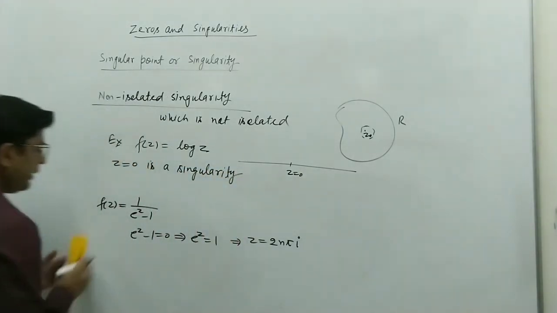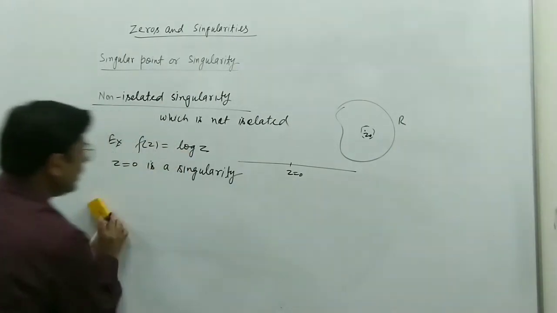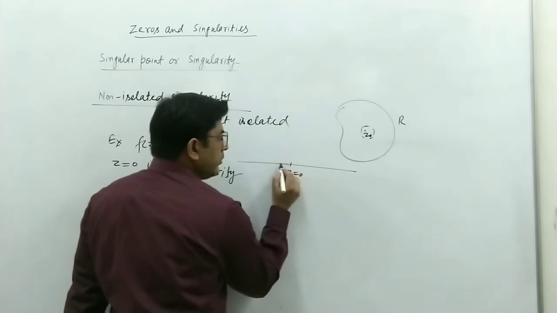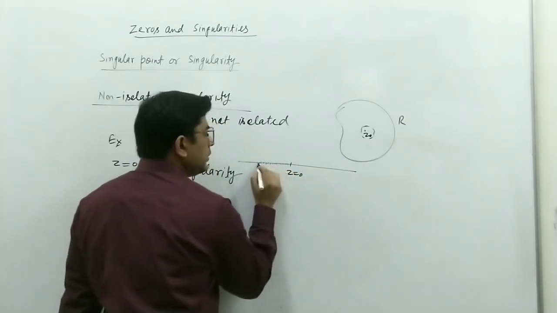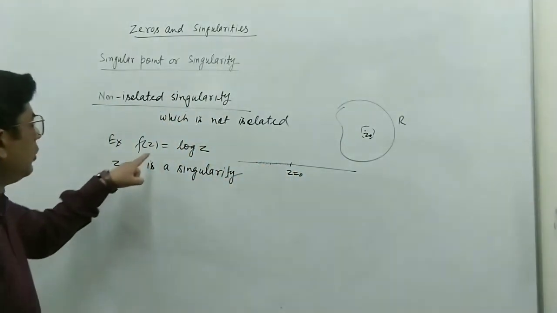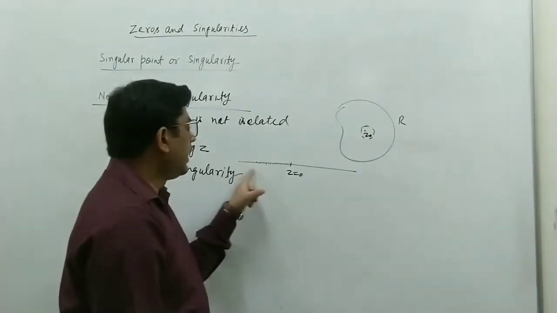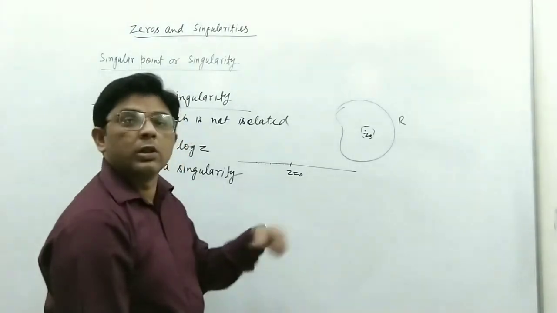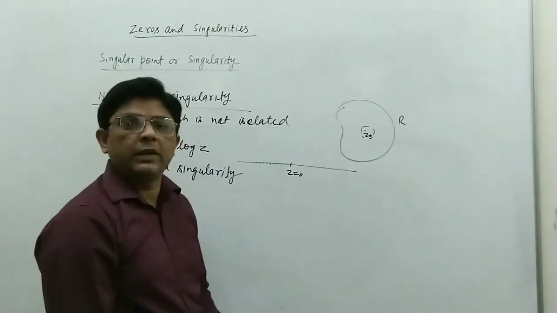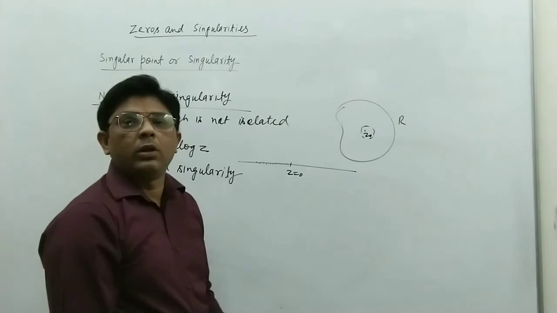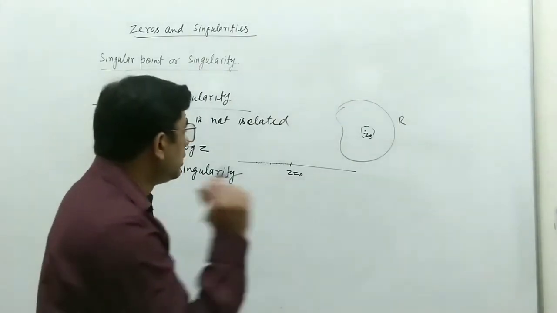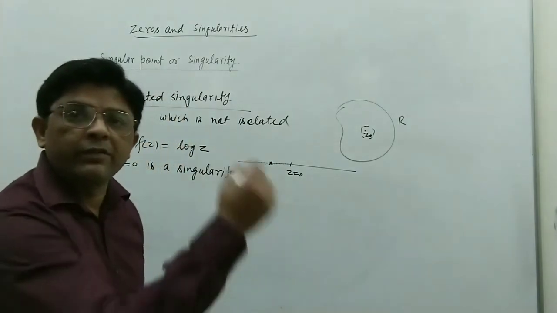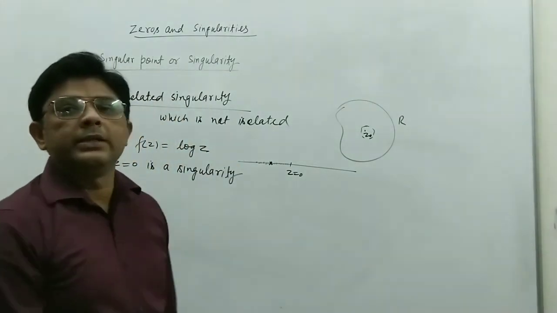So this is a singularity, and these points, meaning all negative values, log z is also not defined at all these negative values. It means these points are also singularities of this function log z, and these are also non-isolated, because if you take any singularity here, you can find many other singularities in the neighborhood.